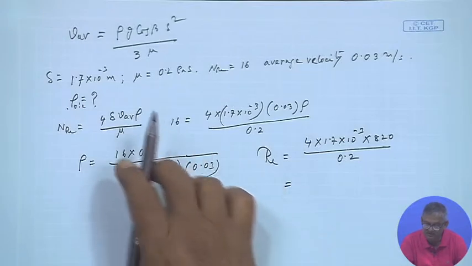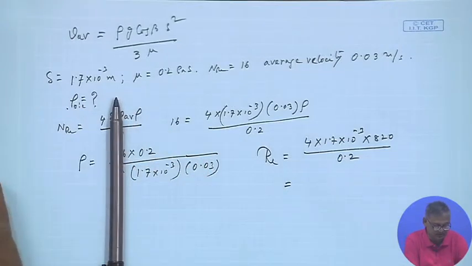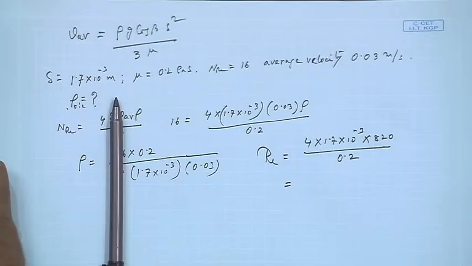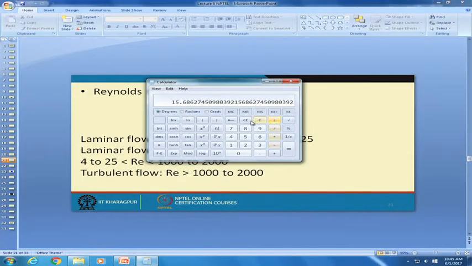So under that situation, it becomes equal to, let us look into that, 4 into 1.7, right, 6.8 into 820, right, divided by 0.2.